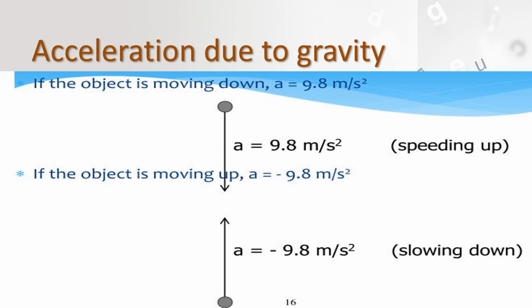Can you all understand, children? So this acceleration in the downward direction is called acceleration due to gravity. If you are throwing an object from the terrace, first of all, when you leave that object from the top, it will have the least velocity.